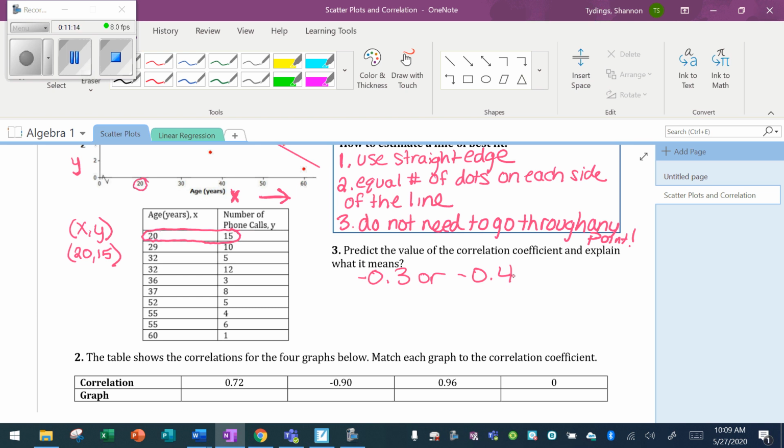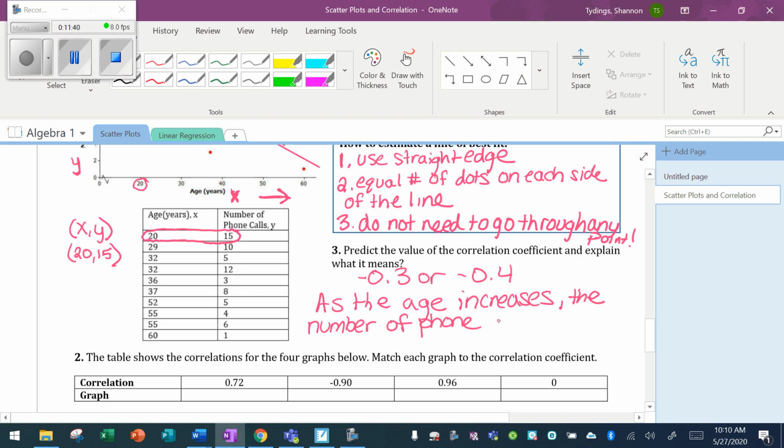So what does that mean? It means that as the age increases, the number of phone calls decrease is what we expect.